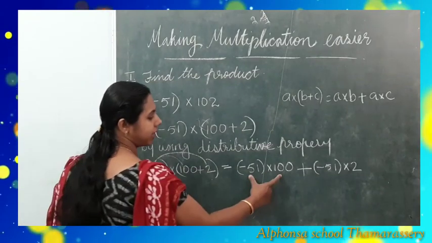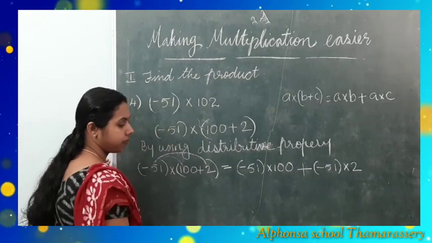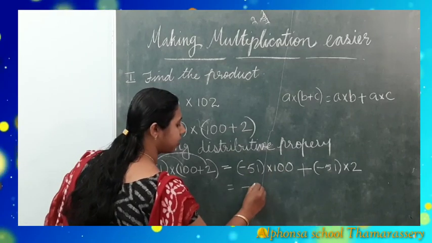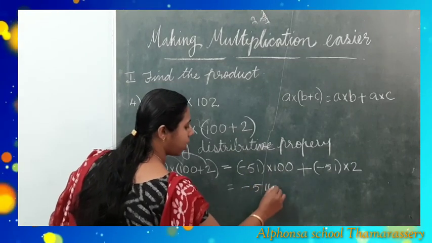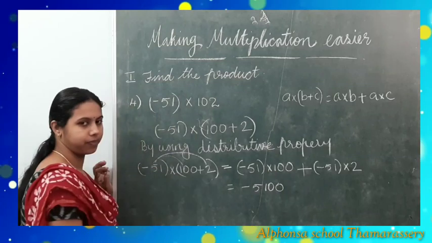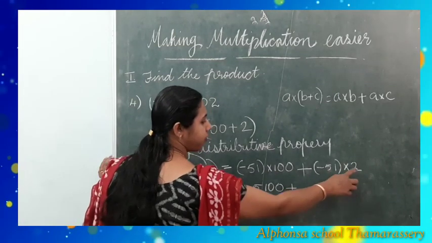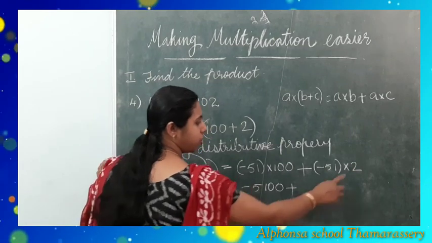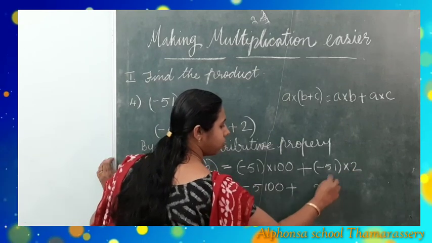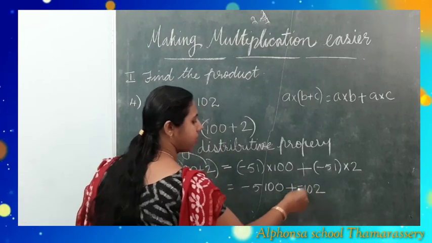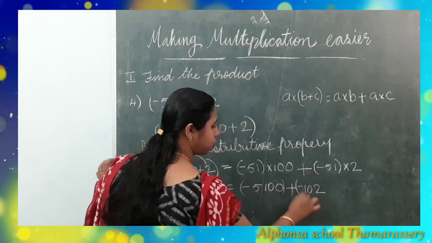Now, you can multiply very easily. Minus 51 into 100 is minus 5100 plus minus 51 into 2. 2 ones are 2, 5 twos are 10. So, minus 102.